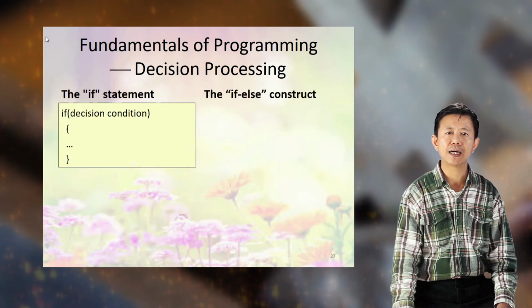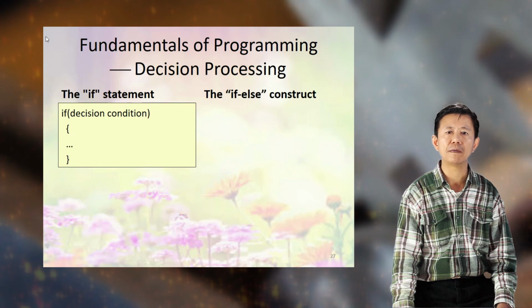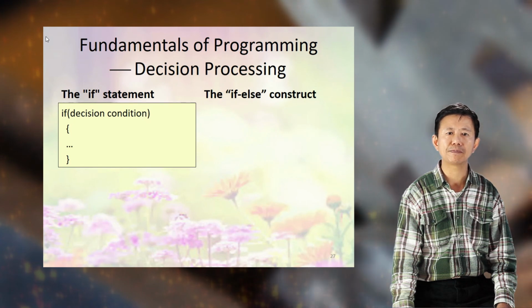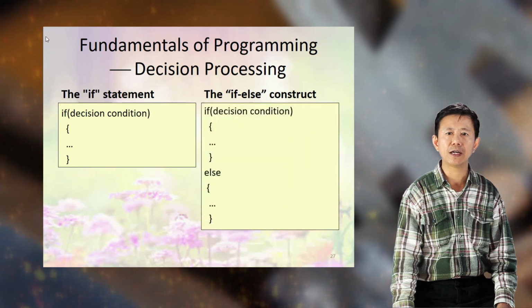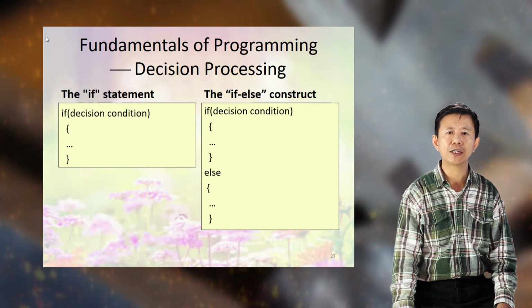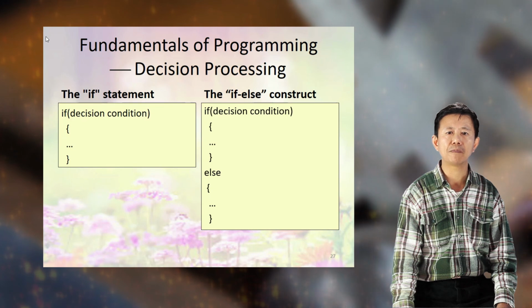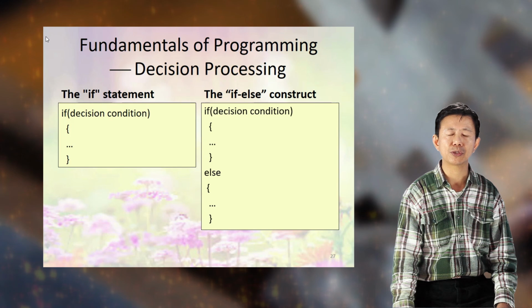The if statement will execute the following statement or the following code between an open and closed bracket when the condition within the if statement is logically true. And the if-else construct will do the same thing when the condition is logically true, but it will execute the statement or code bracketed for else when the condition is not true.